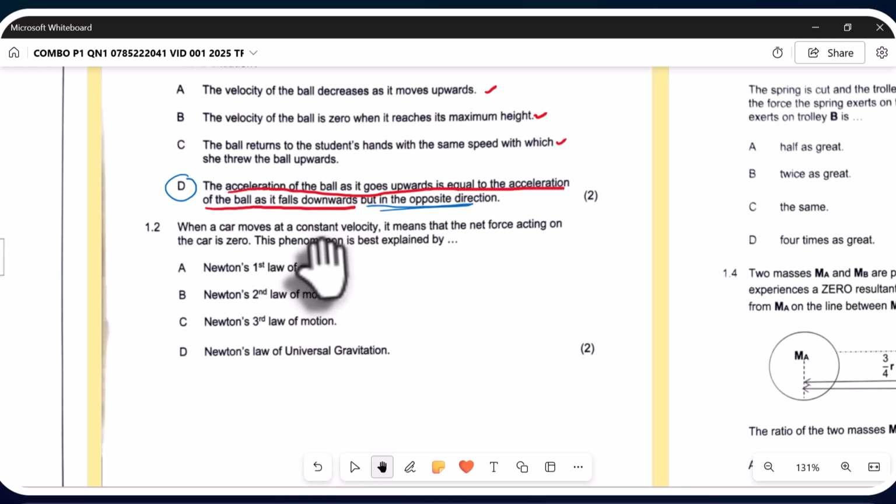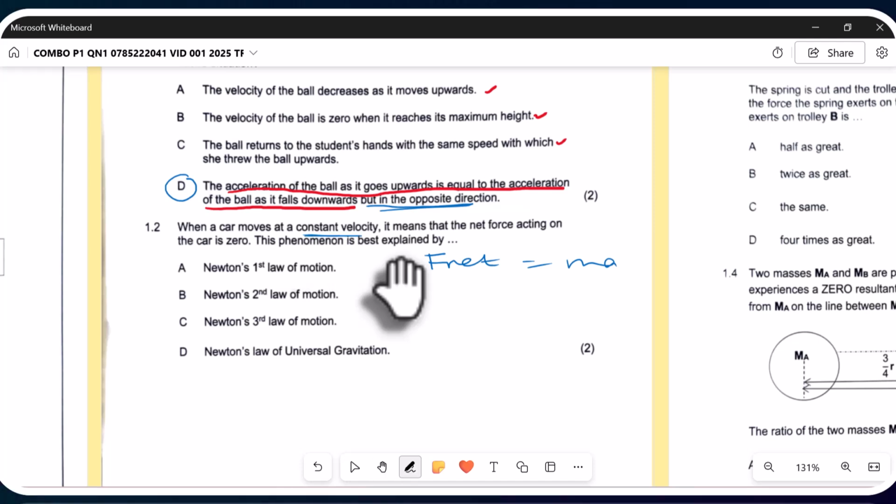Now we know that because the car is moving, we know our F net equals mass times acceleration, and they're saying at a constant velocity. Because of this constant velocity, it means that acceleration is going to be 0, because acceleration is changing the velocity.